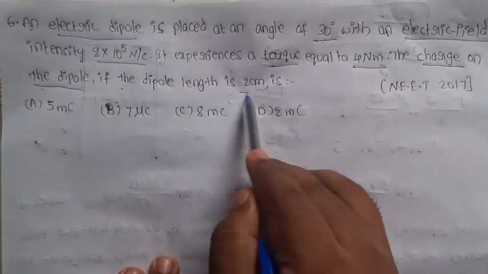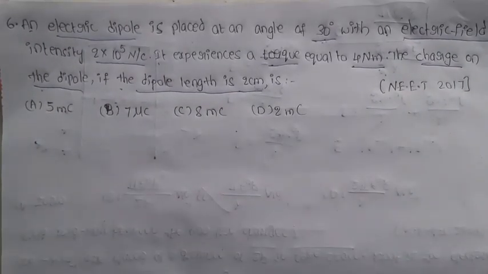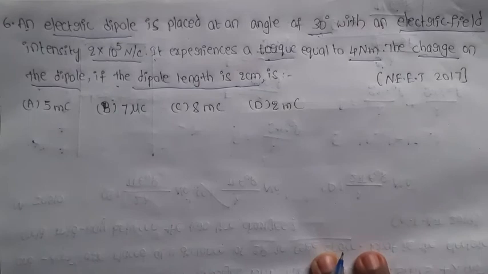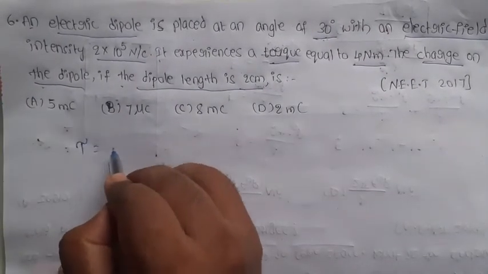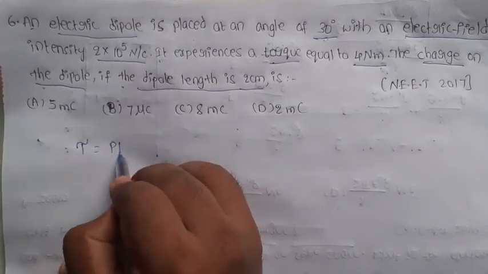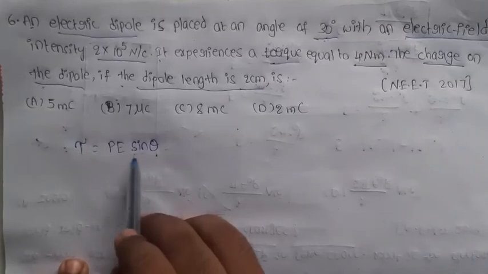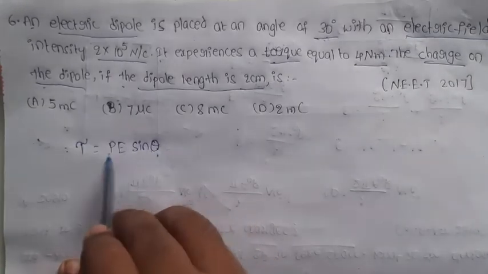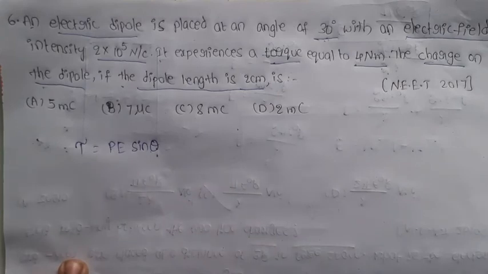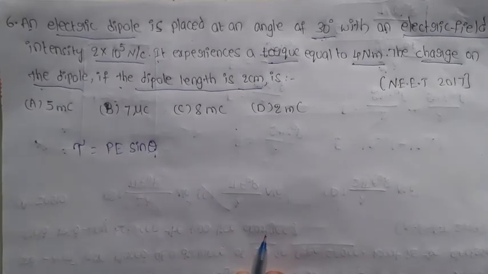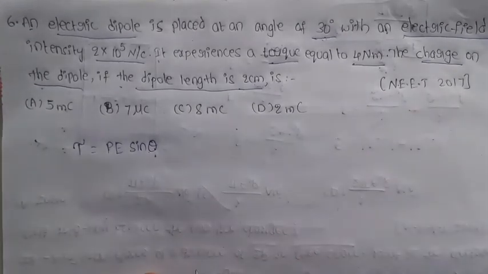The length of the dipole is given as 2 centimeter. We know the torque acting on a dipole, tau equals p E sin theta, where theta is the angle between the dipole moment and the electric field. But what we are going to find here is the charge on the dipole.